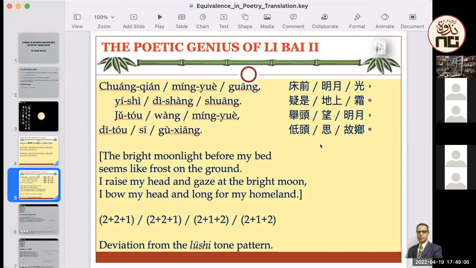When the foot has 3 syllables, that means there is speed. You speed things up. In English the feet are called anapest and dactyl, like ta-ta-tum, ta-ta-tum. This is called anapest.